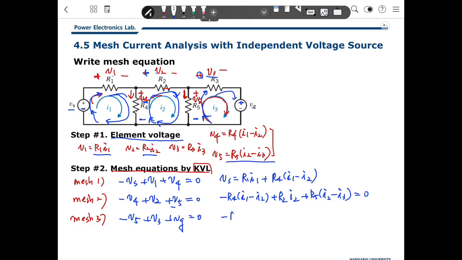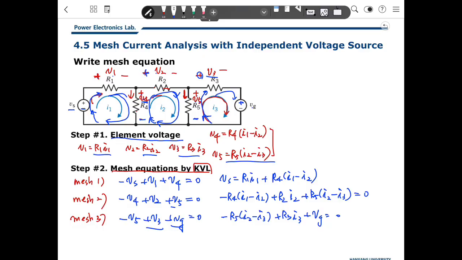V5 was minus R5 (I2 minus I3), V3 is plus R3 I3, and plus VG is a kind of constant value. It is given by the problem.